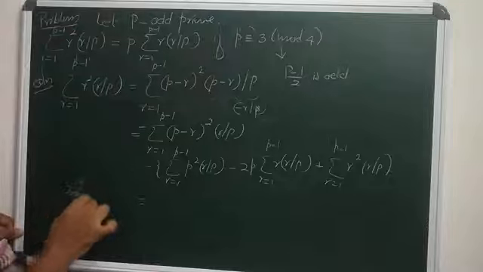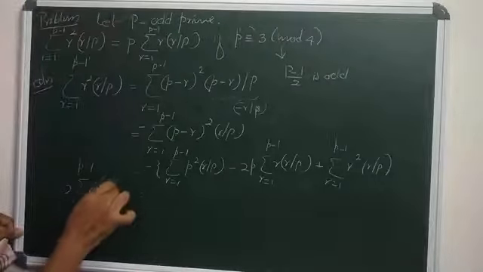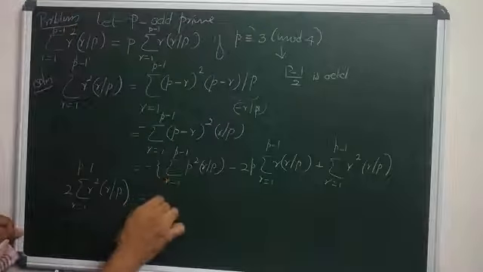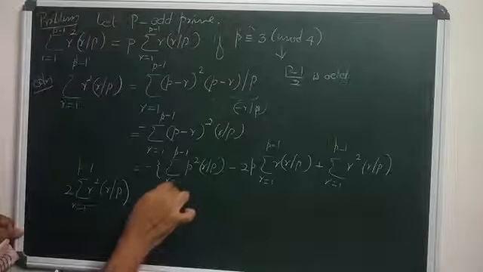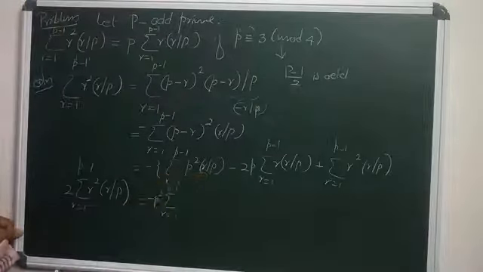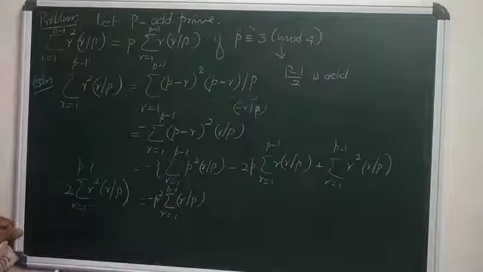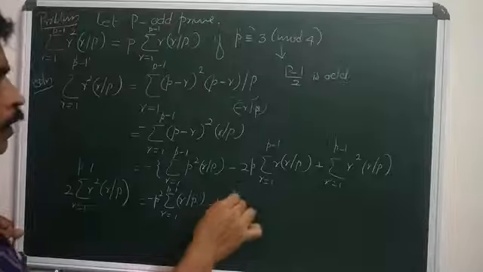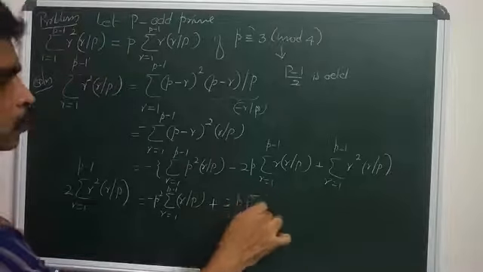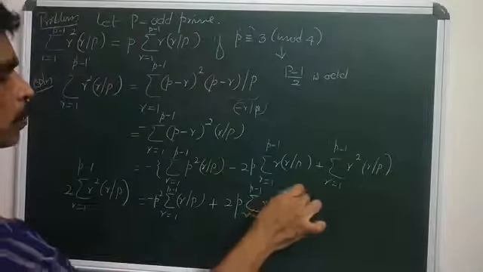So it is 2 times the sum over r from 1 to P minus 1 of r squared times (r/P) equals minus the sum of P squared times (r/P), since P squared is independent of r, plus 2P times the sum over r from 1 to P minus 1 of r times (r/P).